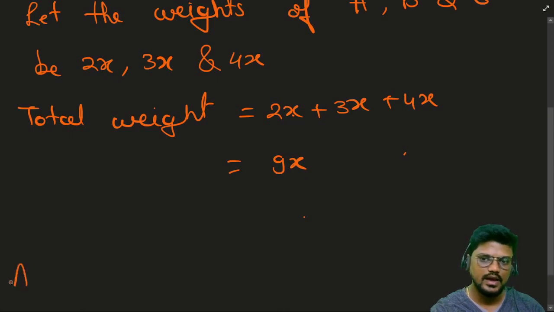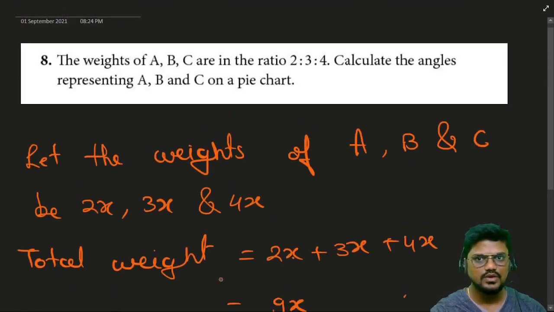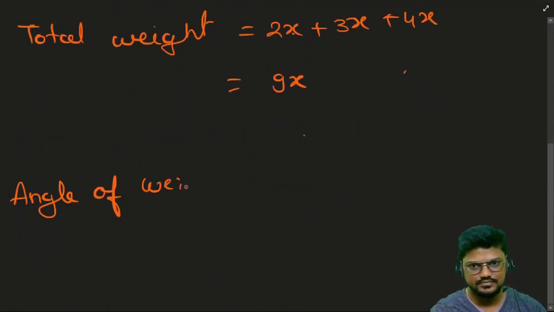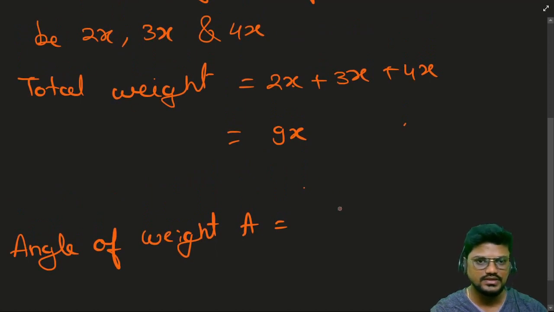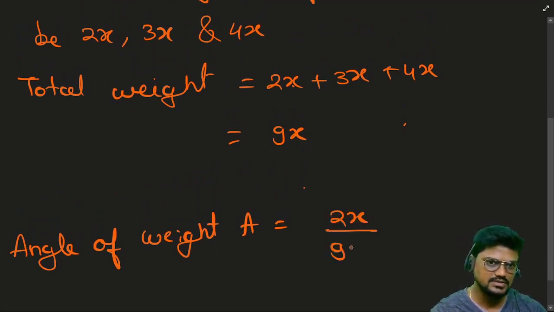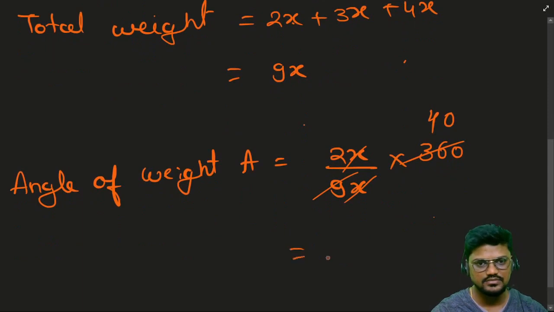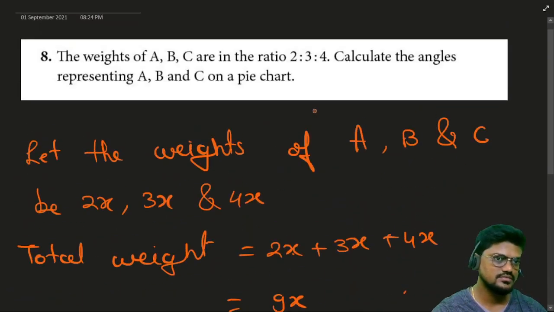So angle for weight A will be equal to 2x upon 9x into 360. This x and x will get cancelled. 9 fours are 36, 2 into 40, that is 80 degree. Got it?